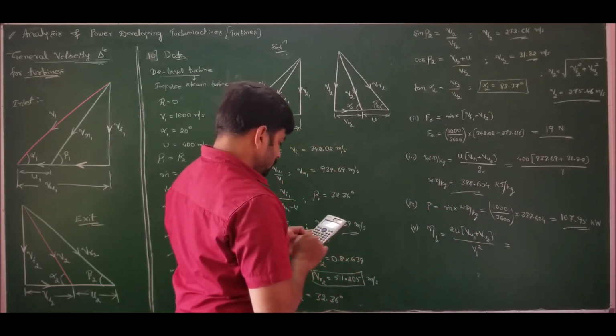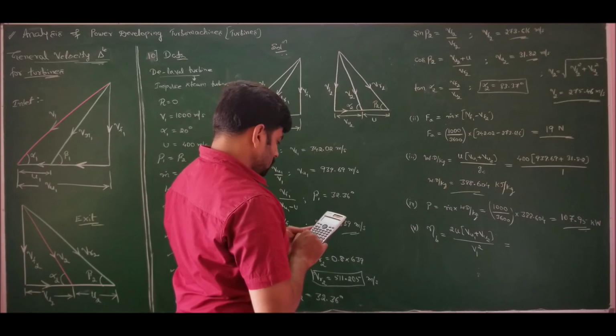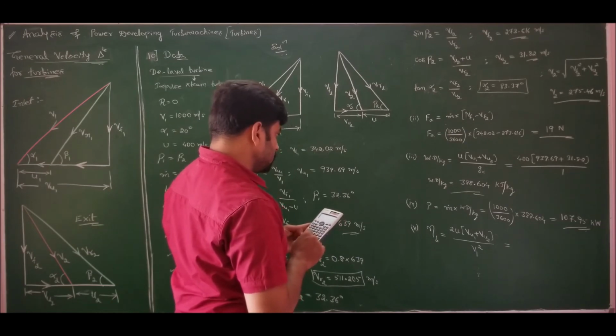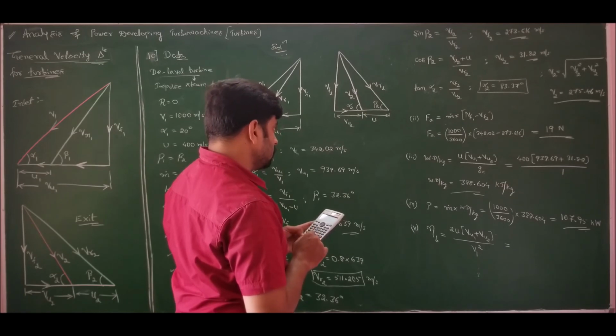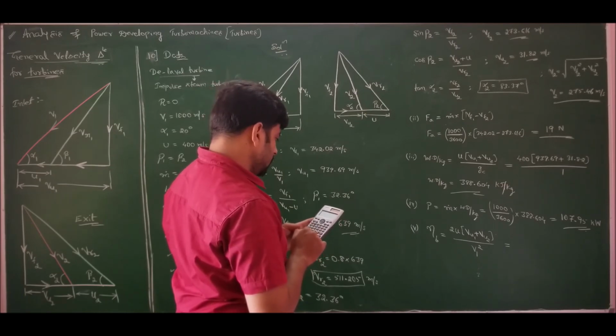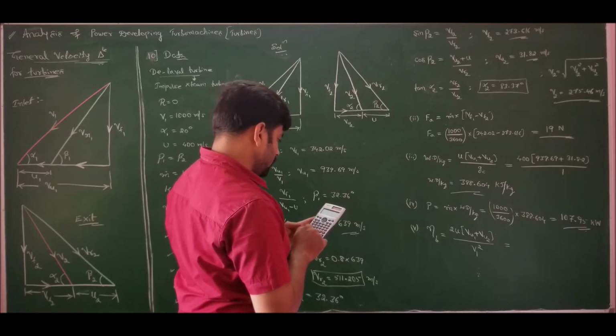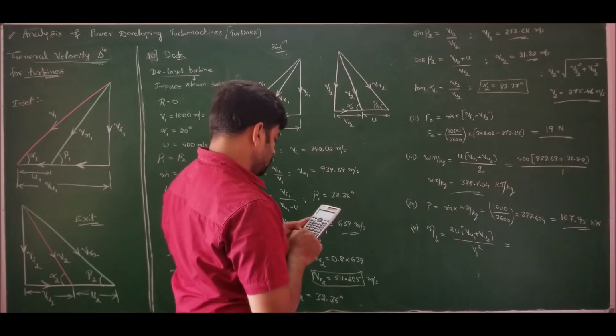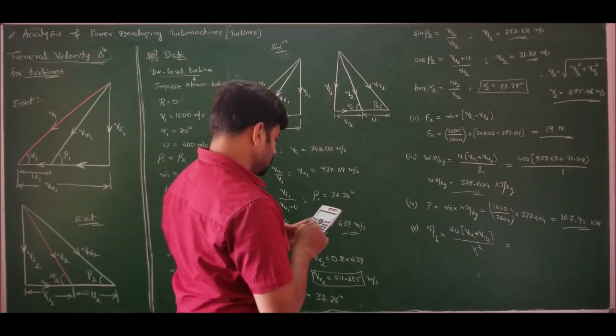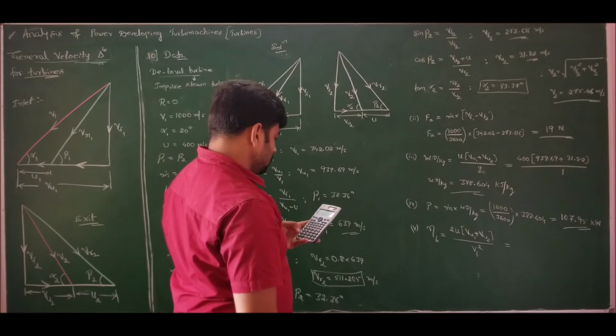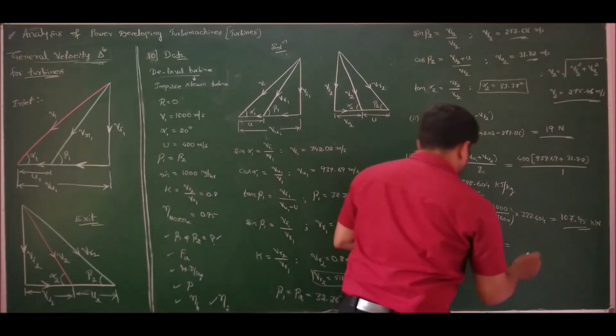So this will be equal to 2 times U, which is 400 given, into VU1, which is 939.69, plus 31.82, by V1 square. V1 is 1000 square, which is equal to 77.72%.